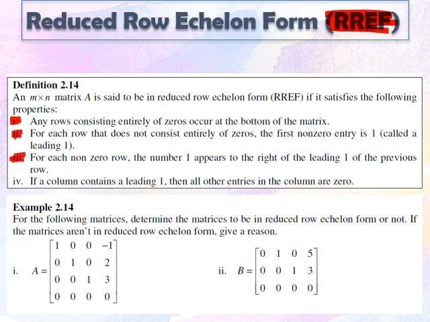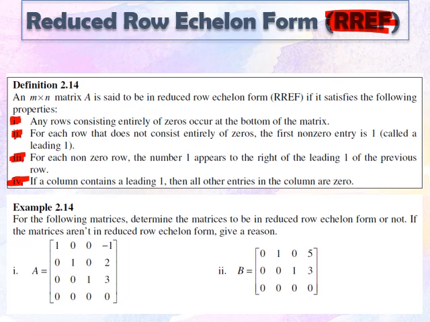For each non-zero row, the 1 appears to the right of the leading 1 of the previous row, correct? And then we have, if a column contains a leading 1, then all other entries in the column are 0. Okay, this one is correct.